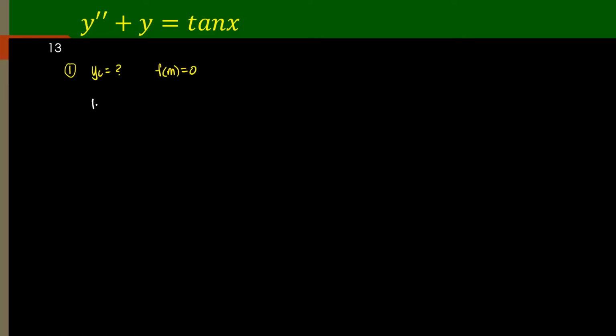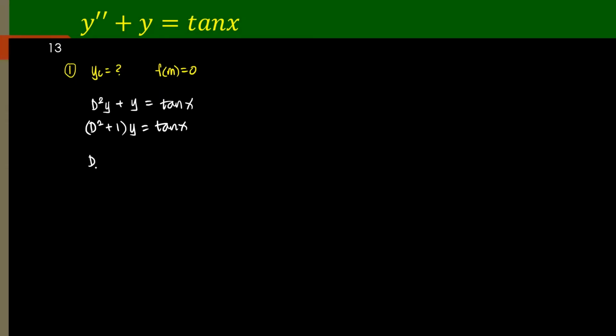We can see that this one is the second derivative of y, plus y, is equal to tangent of x. And then we factor this out. Look at this one. You would want to have f of m equal to 0, so that means we will not look at the tangent x anymore.